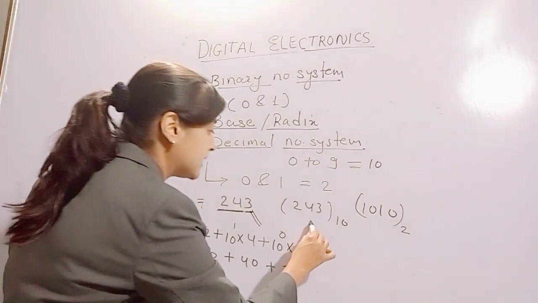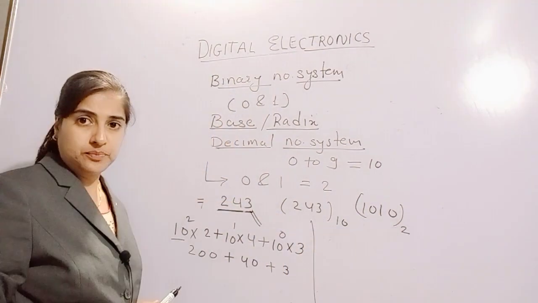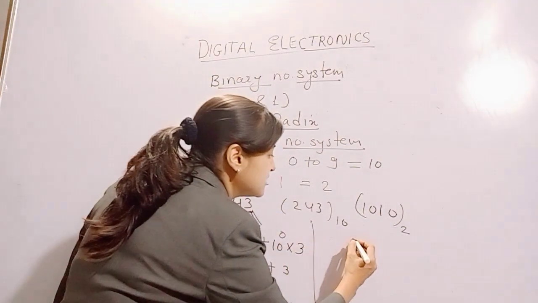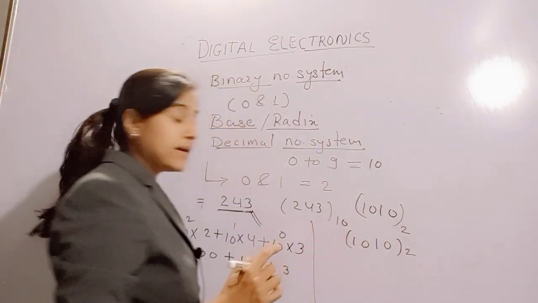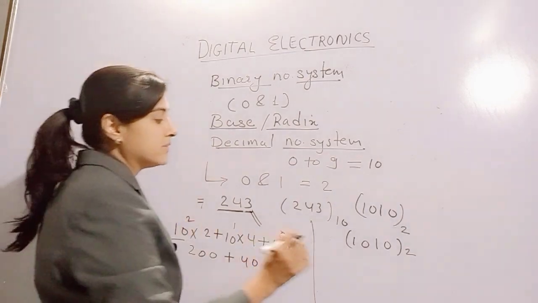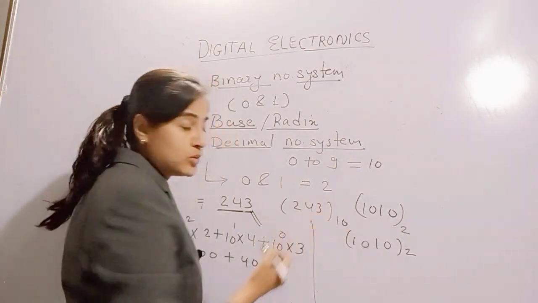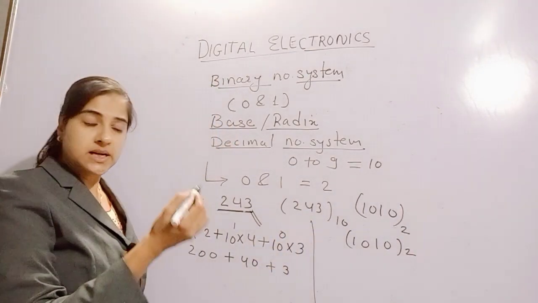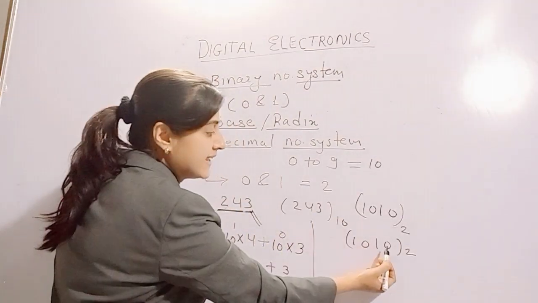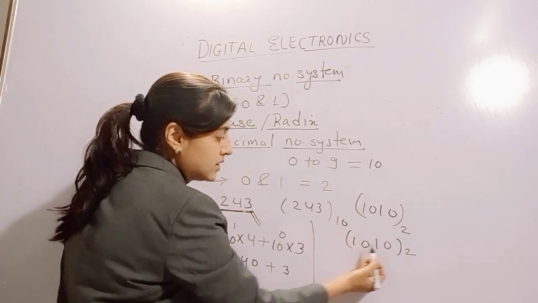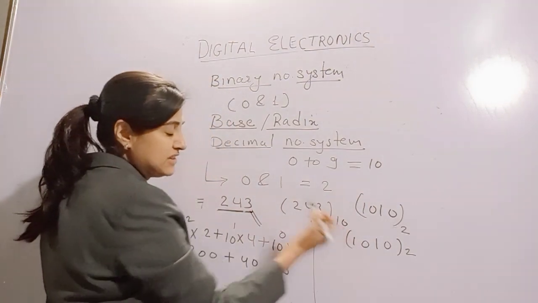Now if we study the binary number system, I am taking this number only. In the binary number system, one important thing is that every digit is known as a bit, because binary digit is bit. This is the LSB, least significant bit. This is the MSB, that is most significant bit.